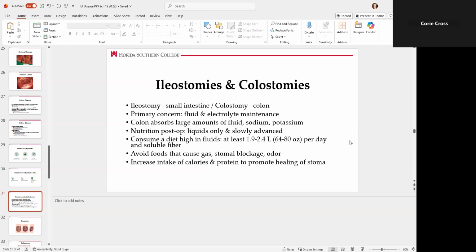The smaller the length of the remaining colon, the greater the potential for nutritional problems. For this reason, ileostomies create more problems than colostomies. Ileostomies not only have fluid and electrolyte losses, but a decreased absorption of fat, bile acid, and vitamin B12.